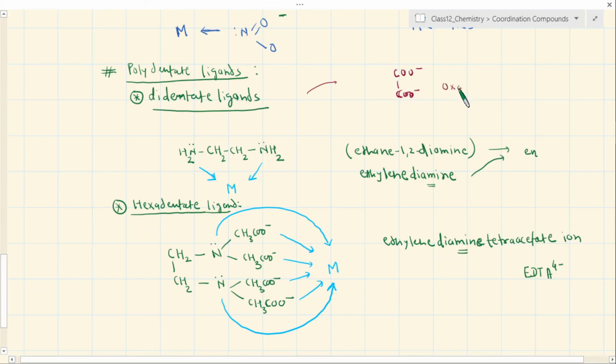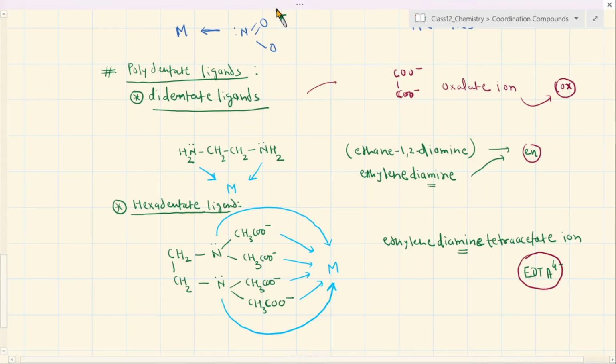And oxalate ion is also a bidentate ligand. It can form 2 bonds with the metal, and it is generally abbreviated as ox, small ox, not capital Ox. Okay, in the book you will find it written as small ox. So you know this one, this is en, this is ox, and this is EDTA 4 minus.